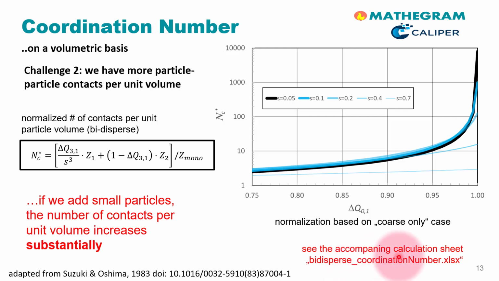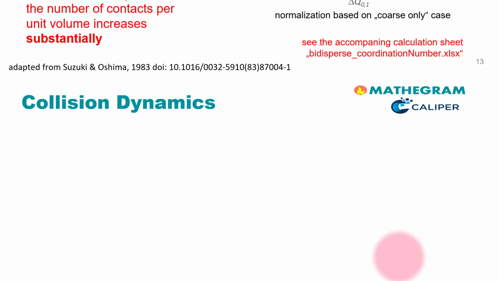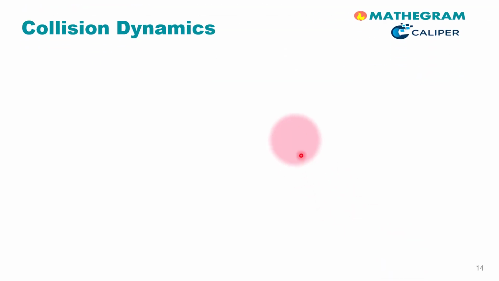on the iMooX platform. Unfortunately, this is not the last challenge we face when doing DEM simulations of polydispersed systems. And we have to now get even more into the detail, namely into the collision dynamics analysis that is summarized on this slide.